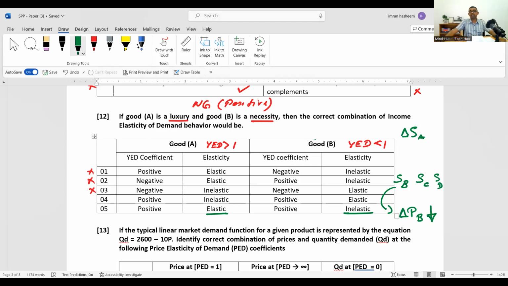What would they do? They will take the resources and substitute towards producing product A. People who are producing product B now will get attracted to produce product A.